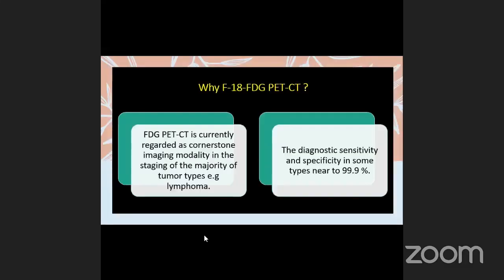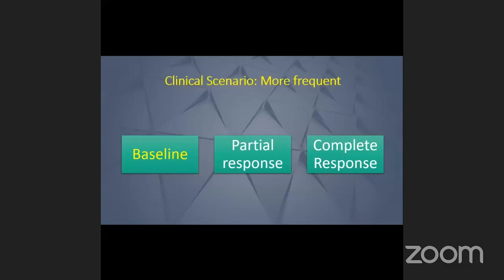The most widely distributed tracer you always hear about is FDG. It is linked usually with PET CT. It is the easiest tracer, most commonly used, with a short half-life. Also, the diagnostic sensitivity and specificity in some cases reach 100%.